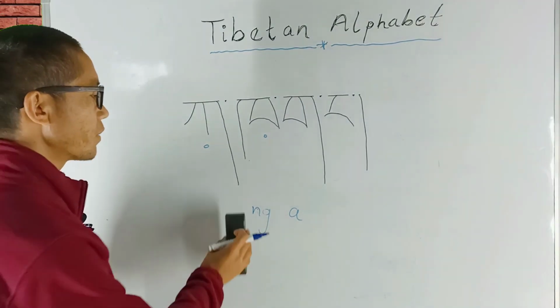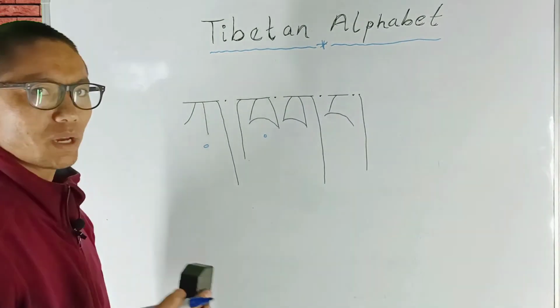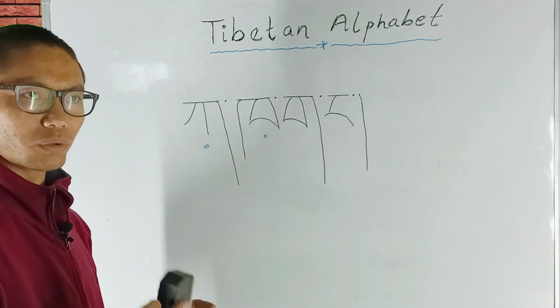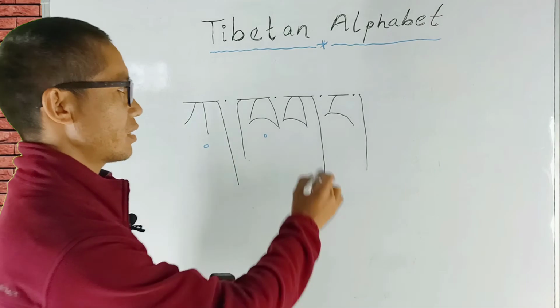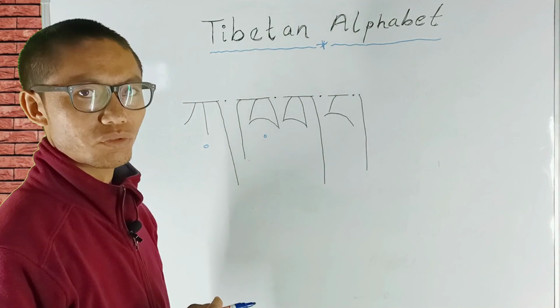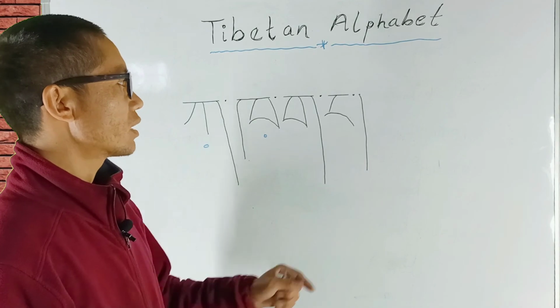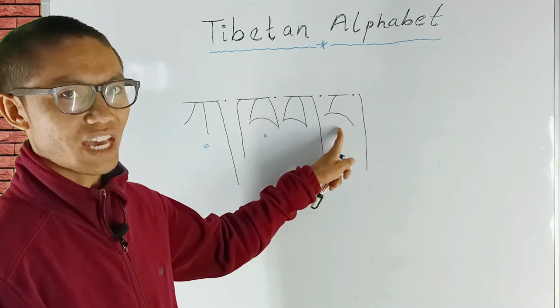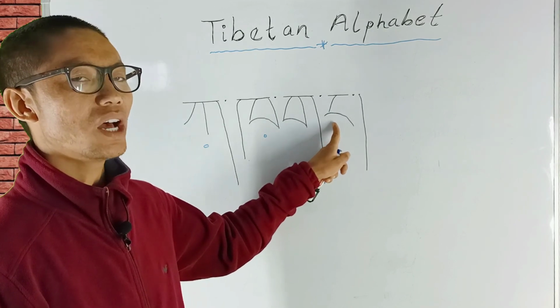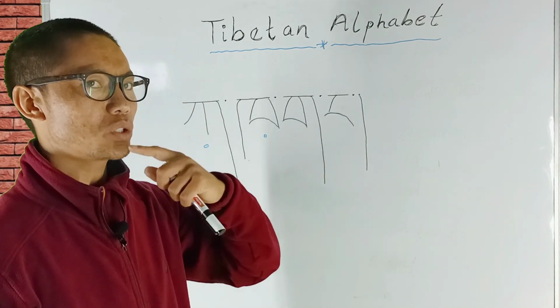I've seen so many Westerners who speak Tibetan fluently and very well, but they cannot make this sound. I thought their teacher didn't introduce them correctly, or I don't know. Many of them are saying it as nya, but it's not nya. While making this sound, your upper jaw and lower jaw are not touching.